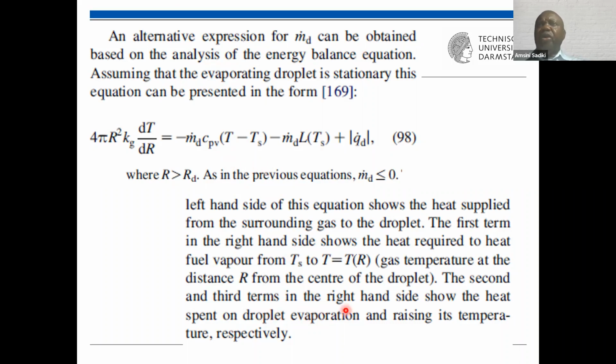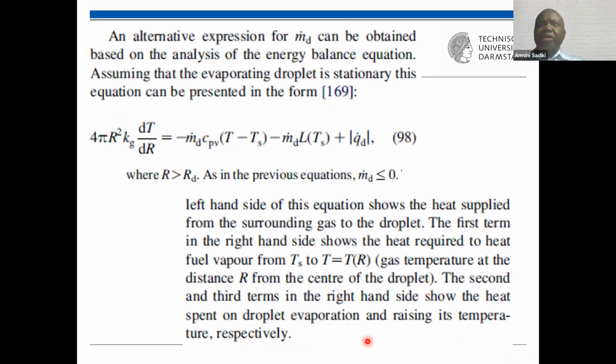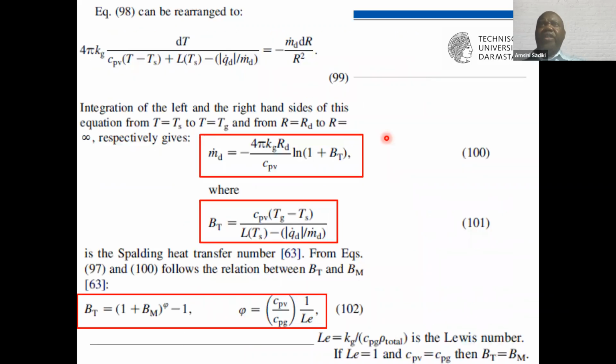The second part shows the heat spent on the drop in raising the temperature. And if we express them in another way, in which we make a separation of variables, so this part here goes here and this part goes there, and we integrate. After integration, we obtain this expression here after separation of variables.